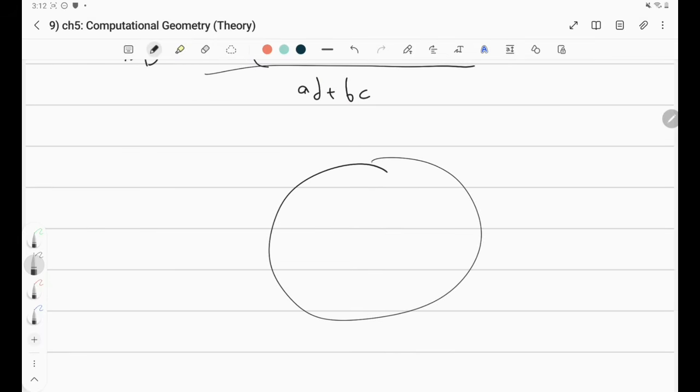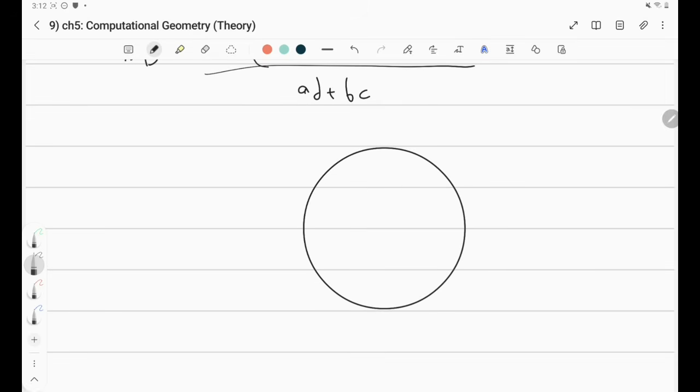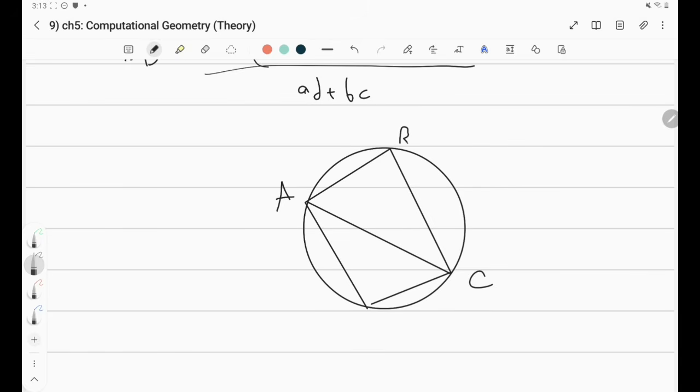Because you have a square involved, you can go for the cosine law, right? So if this was AC, this was B, this was D, just go for the cosine law again.